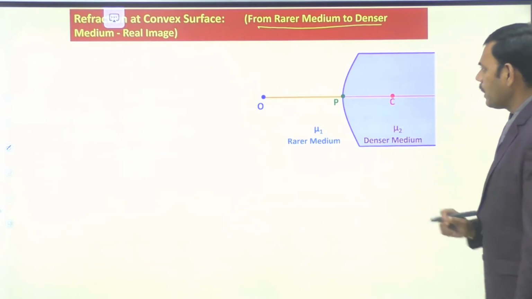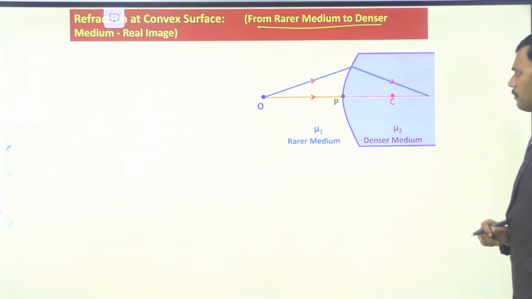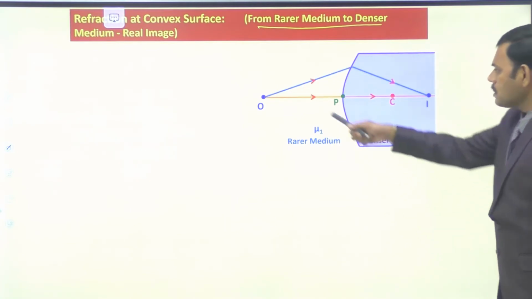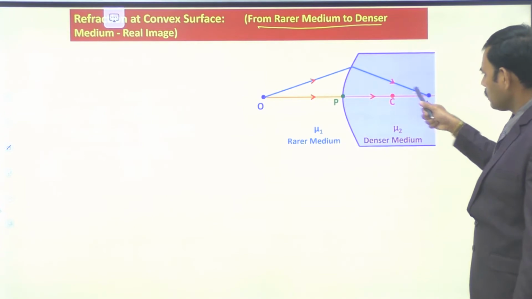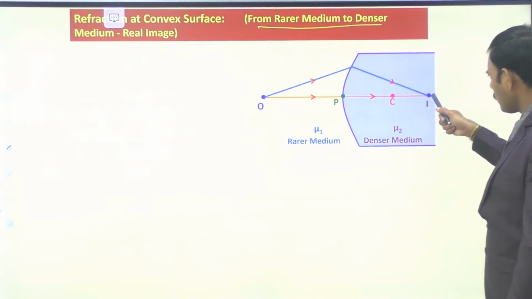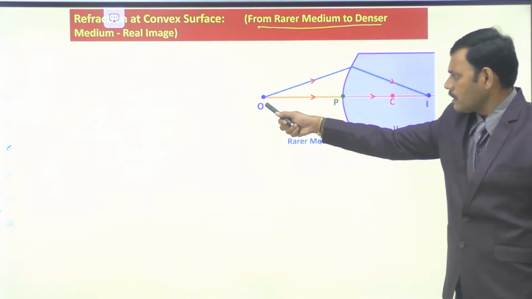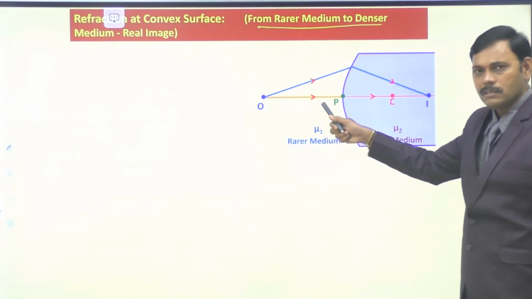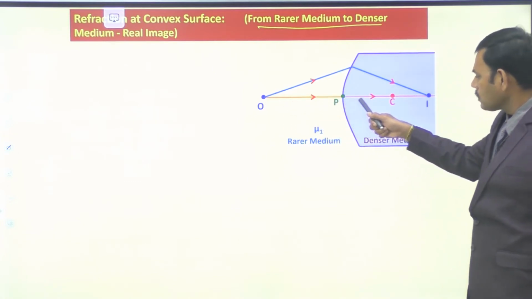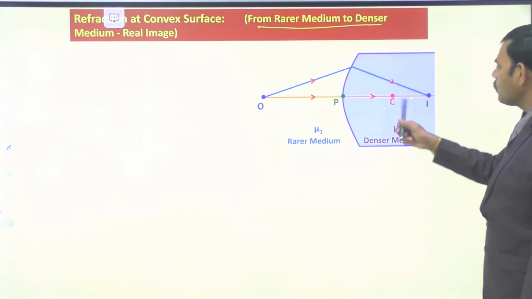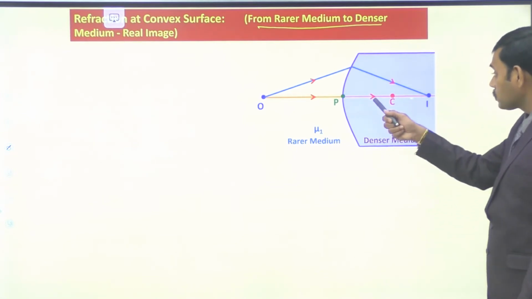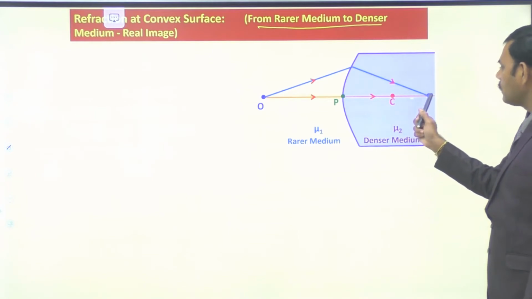So let us see the two light rays once again here. Okay, this is the first light ray incident on the curved surface at this point. It undergoes refraction. This light ray is the refracted light ray, and this is the second light ray emanating from the same object, passing along the principal axis through the curved surface, and by having 0 angle of incidence and refraction, it moves straight forward without any deviation.